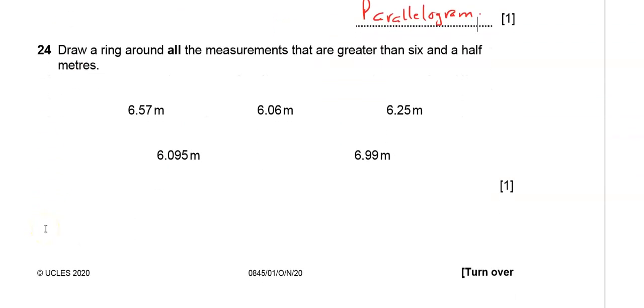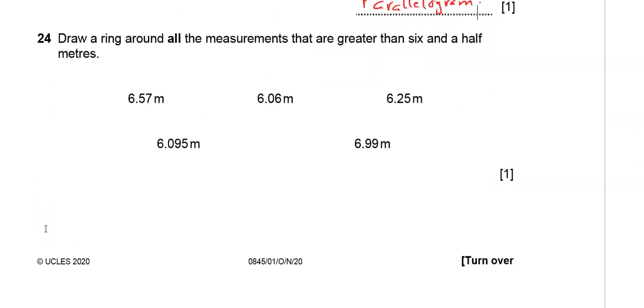Question 24. Draw a ring around all the measurements that are greater than 6 and a half meters. Greater than 6 and a half meters. So this is 6.5 meters, that is 6 meters and a half.